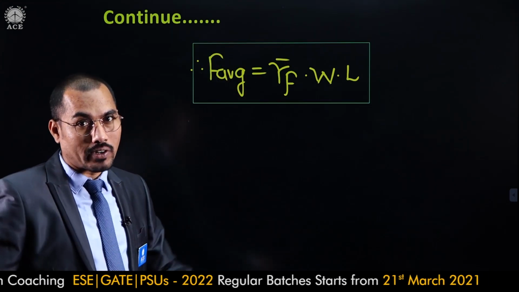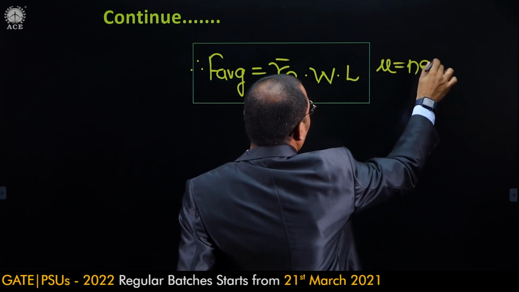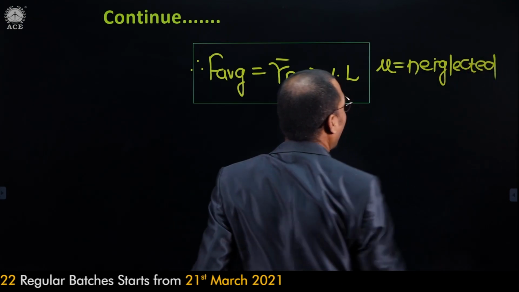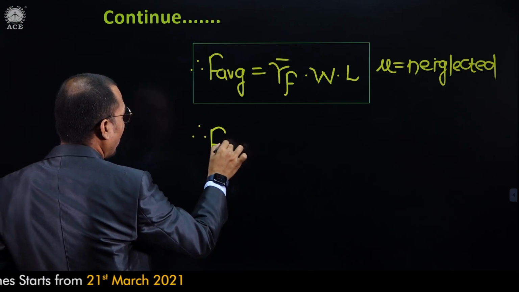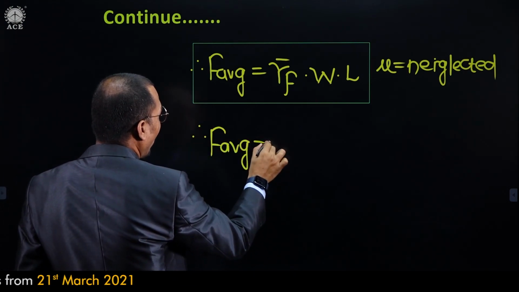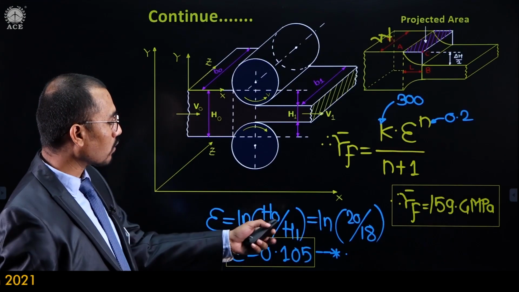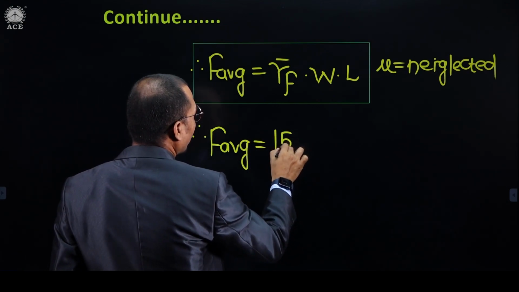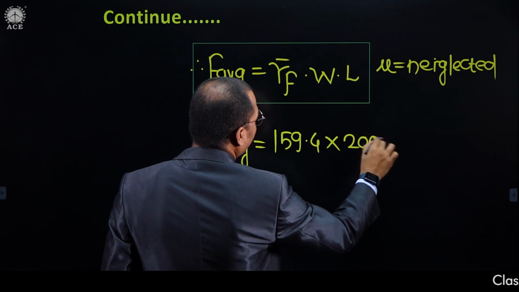This is by neglecting friction. When the friction is neglected, this is the approximate calculation. If I solve by this, F average is exactly equal to Y bar F, the average flow stress value calculated as 159.4, something like that, times width, which is 200, I guess.